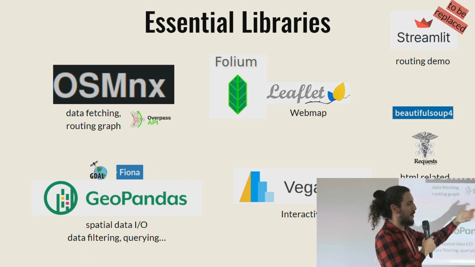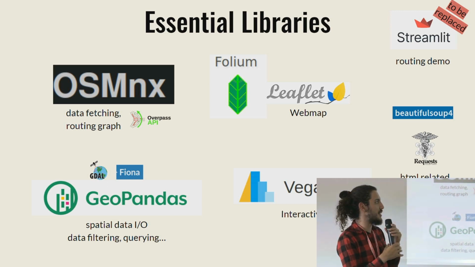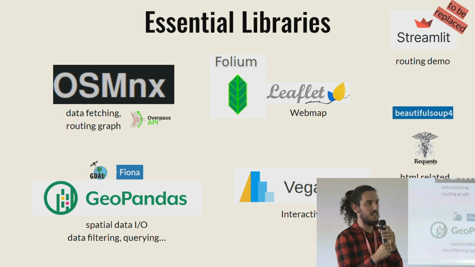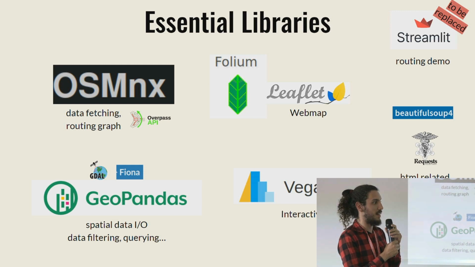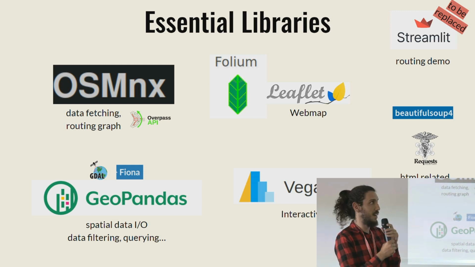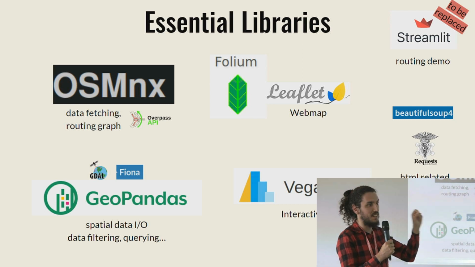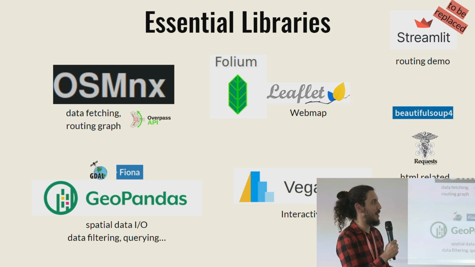So I'm using Folium, that with 3 lines of code creates an HTML page with the Leaflet web map and all the boilerplate code, with 3 lines of Python: import Folium, read the data, export the HTML file.